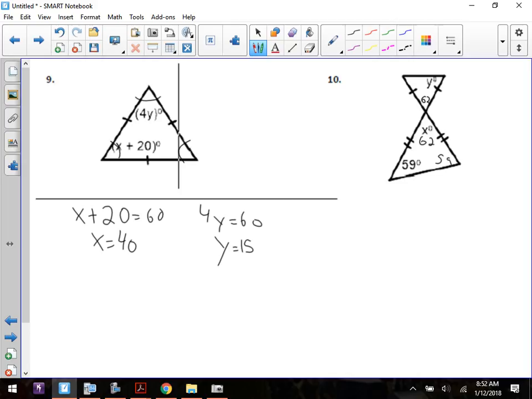Well, wait a second. Is it possible to have triangles with the same angles? Okay, because remember, when you have two triangles with sides that are proportional, it's like a scale model.